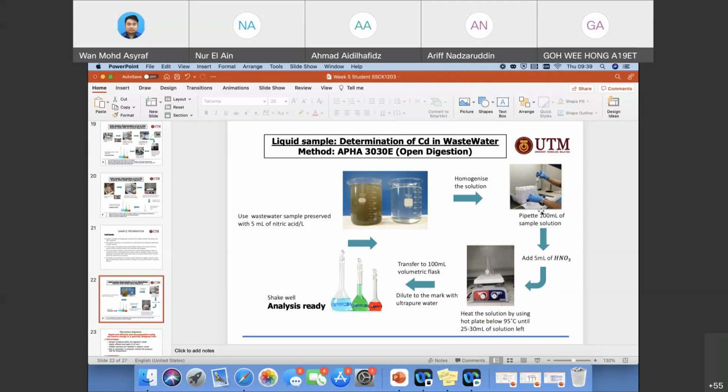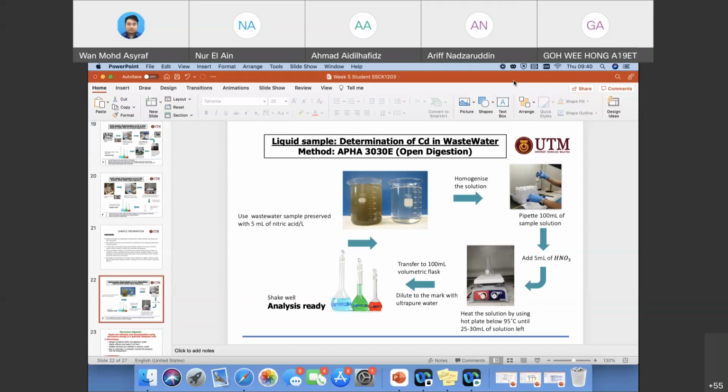From 100 ml to 30 ml, what does this mean? Any idea? Pre-concentration of analyte. Yes, good. Now you get the meaning of pre-concentration. You change from 100 ml to 30 ml, then transfer it into a volumetric flask, dilute it, and do your analysis.